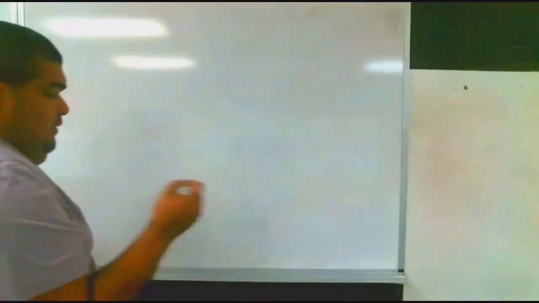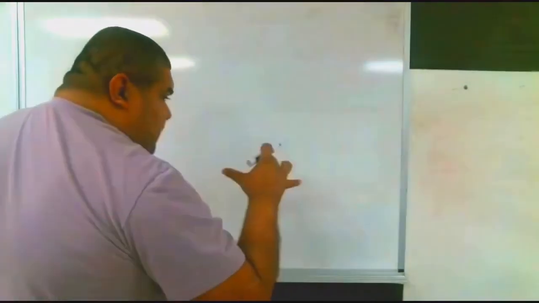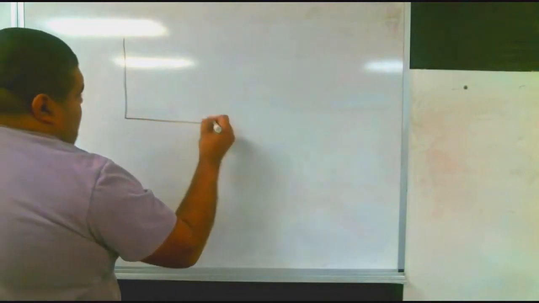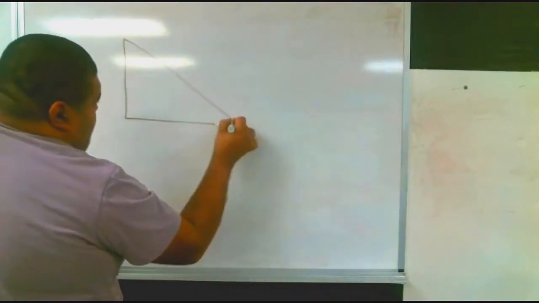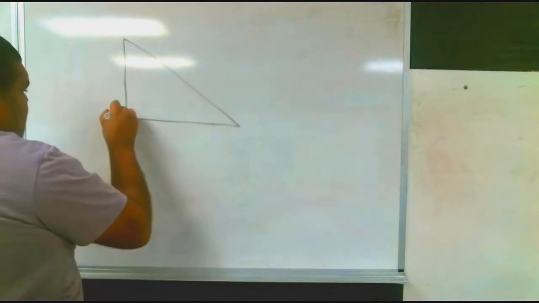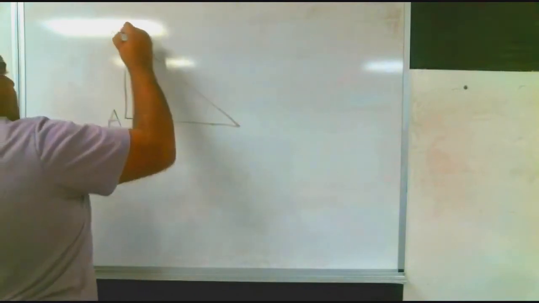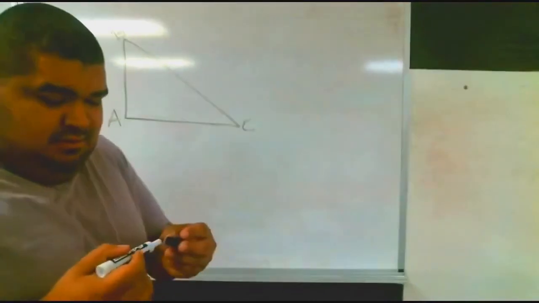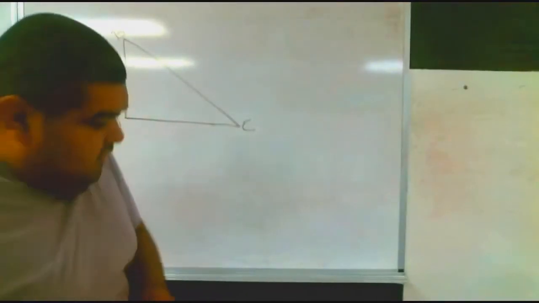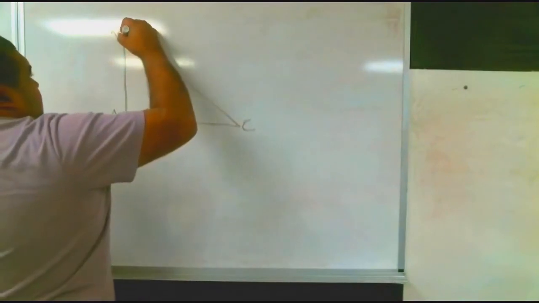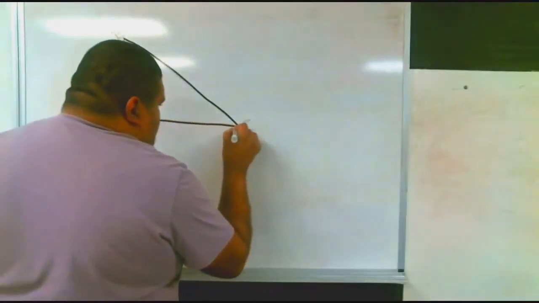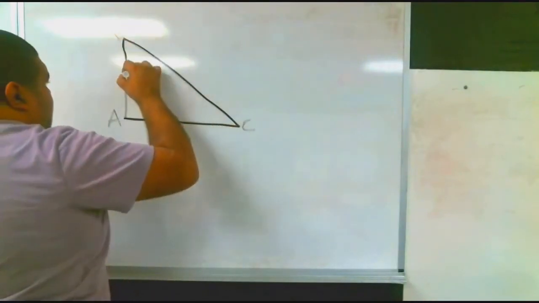All right, guys, so your triangle is, let's do one of each, just to get the hang of it. We have A, B, C. Might choose another color here so you guys can see it a little better.